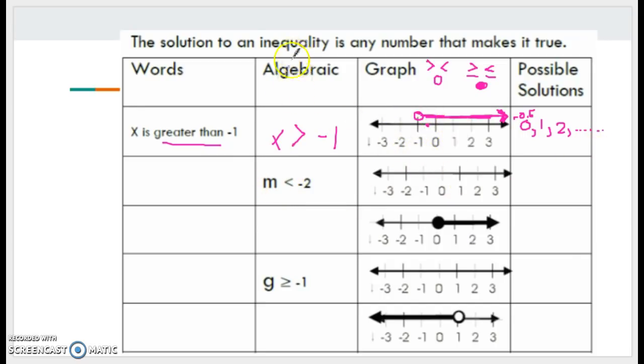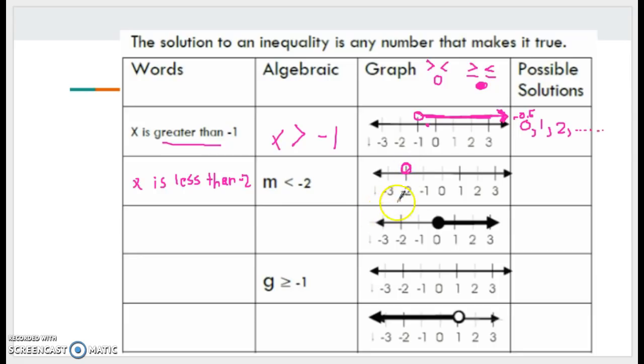Then we have this one algebraically, with this symbol and -2, and this symbol is less than. So to write that, we would say x is less than -2. So we're going to put our circle at -2. This is our anchor point right here.